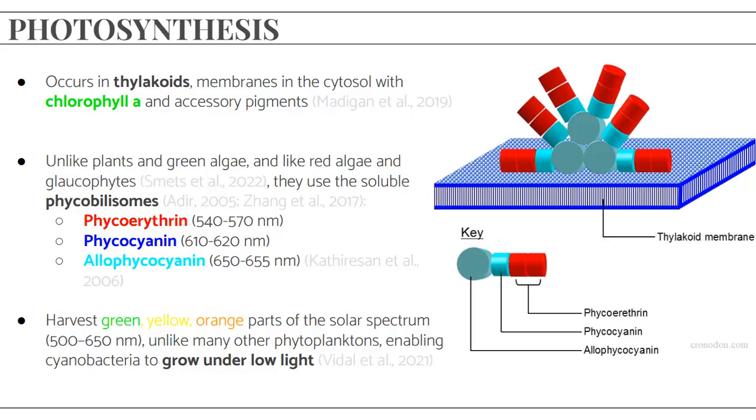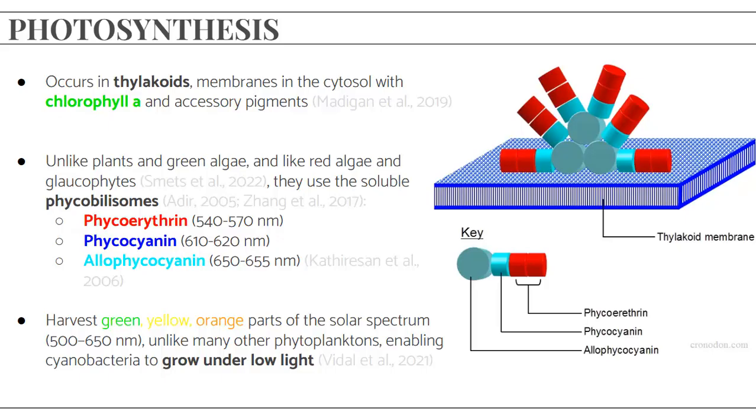The photosynthesis occurs in thylakoids, which are membranes in the cytosol with chlorophyll A and accessory pigments. These pigments are the soluble phycobilisomes, and they include phycoerythrin, phycocyanin, and allophycocyanin.